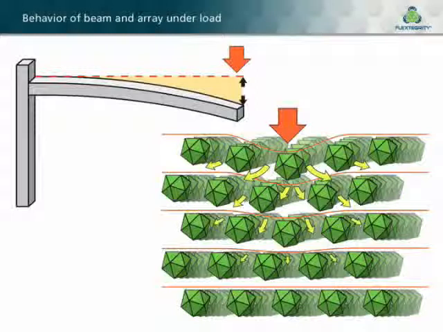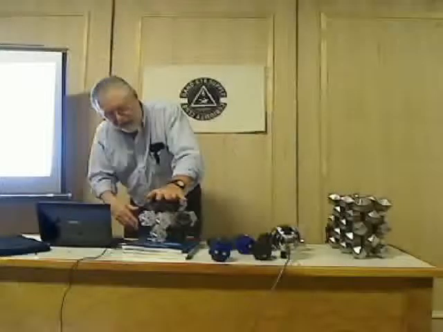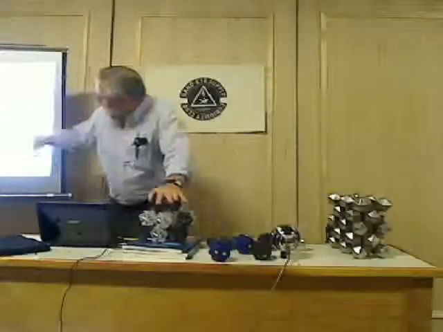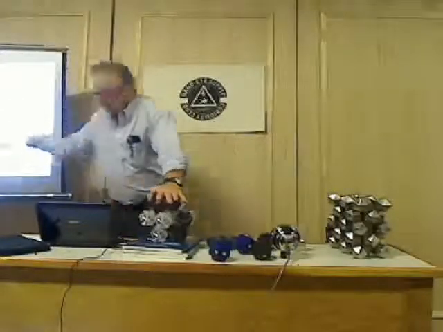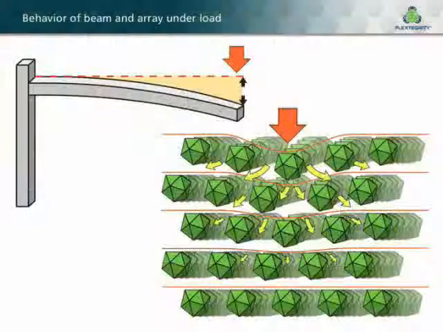So when we load these structures, that load is distributed throughout all the layers, and it diminishes as it is distributed. If you have a truck tire going across it, you get a visualization of how that load is distributed if you're building a bridge, etc.